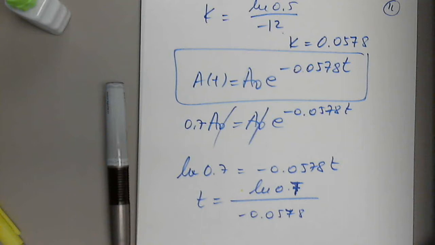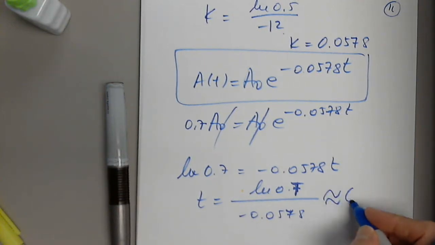Yes, because even if I put in there 0.7 A0 and simplify A0, then I have t and k unknown, and I can't solve. So first I have to find k. Natural log 0.7 divided by negative 0.0578. Okay, I got 6.2 hours approximately.